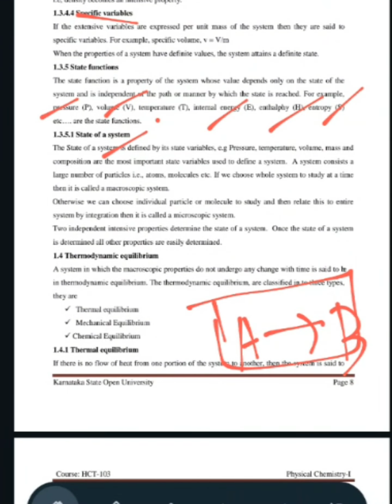So next is the state of a system. A state of a system is defined by state variables. So here, the same state variables: pressure, temperature, volume, mass. These are the important state variables used for defining a system. A system consists of a large number of particles, for example atoms, molecules.